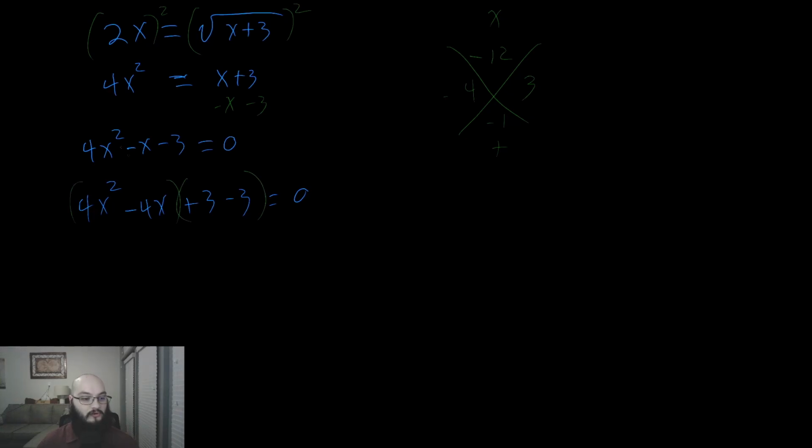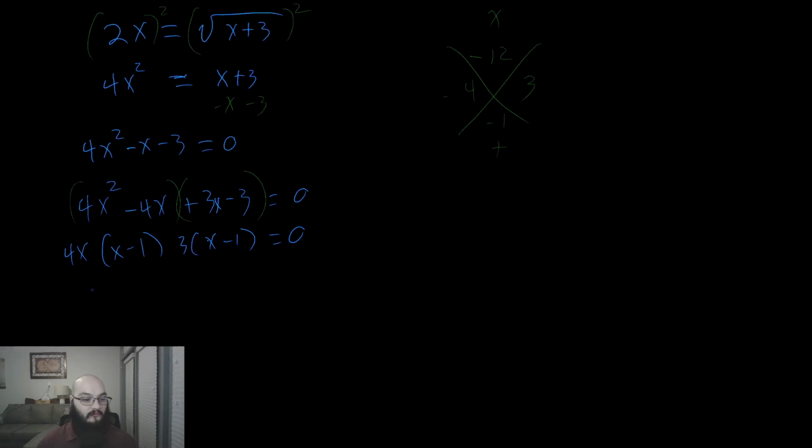So we group off everything. Here we'll factor out 4x and be left with x minus 1. And here we'll factor out a 3 and be left with, oh, this should be a 3x, my apologies. Be left with x minus 1. That's equal to 0.